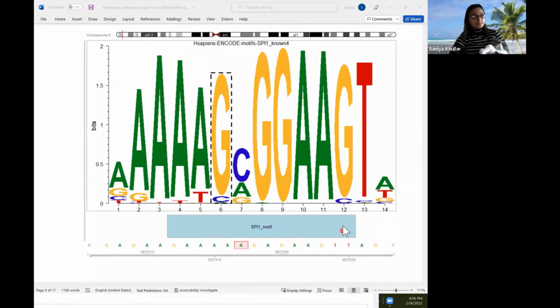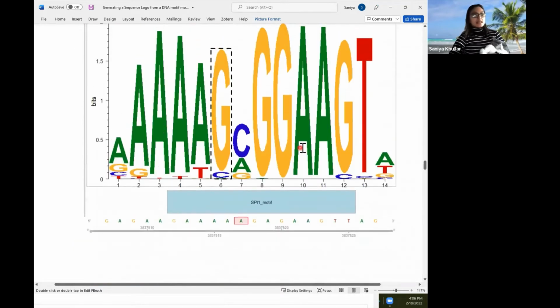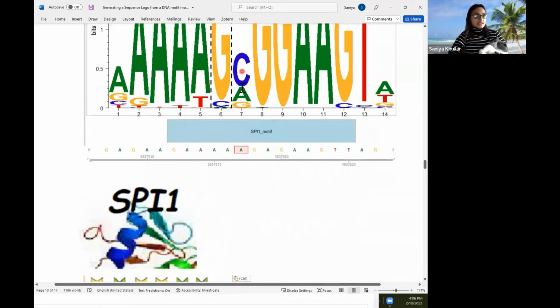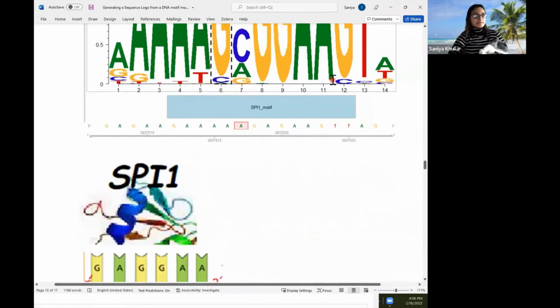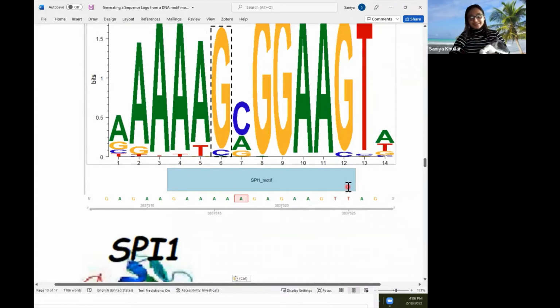And this is the SPI1 motif, this GAGGAA. It may not be exactly like that per se, but it's very similar. So this could be GAGGAA. You see, for instance, GAGGAA. And this is where SPI1 binds to this region along the DNA.